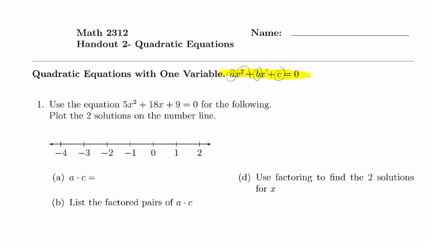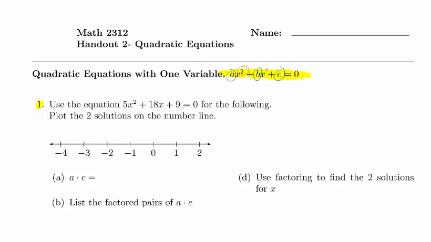Alright, so let's consider this first problem right here: 5x squared plus 18x plus 9 equals 0. And so we're going to find two different solutions, because all quadratic equations will have two solutions.